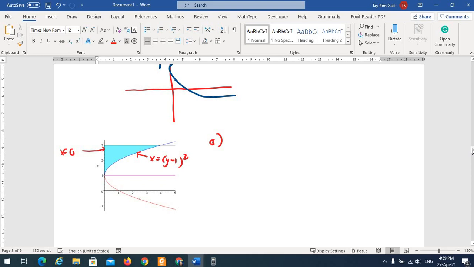And then the limit of y is from 1 up to 3. So the area is y from 1 to 3, x from 0 up to y minus 1 squared. This is dx dy.